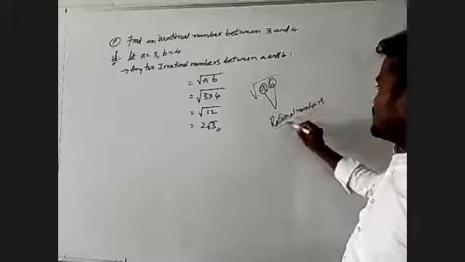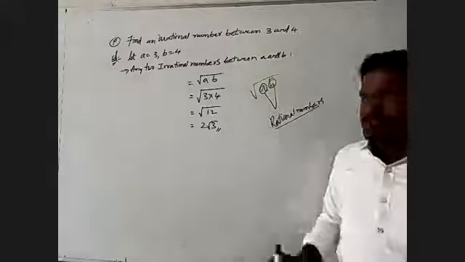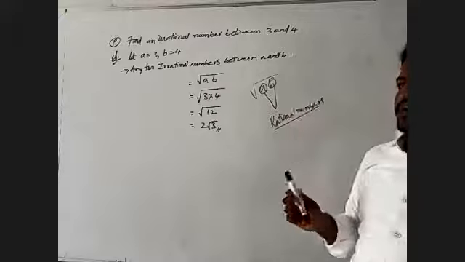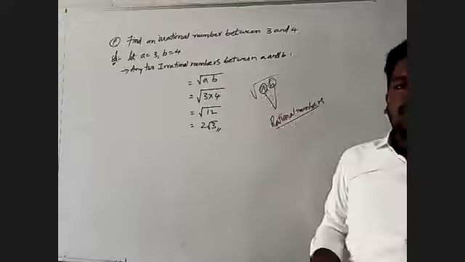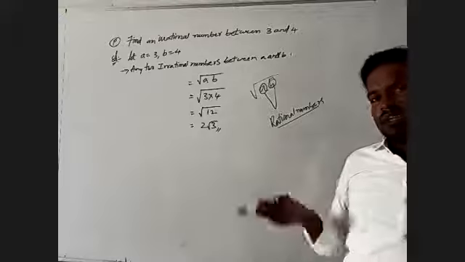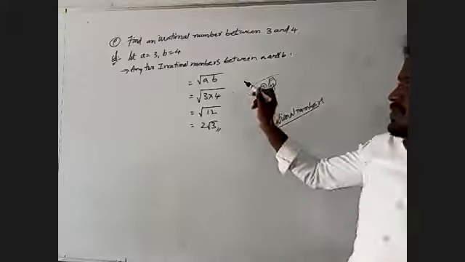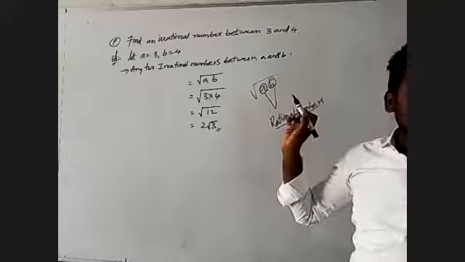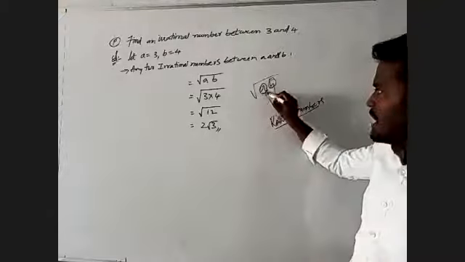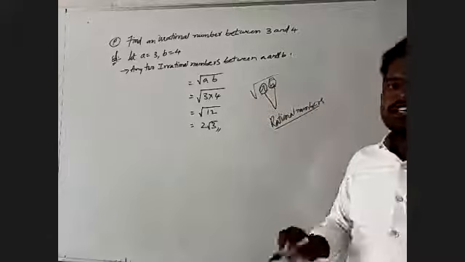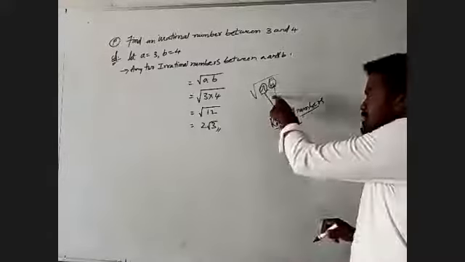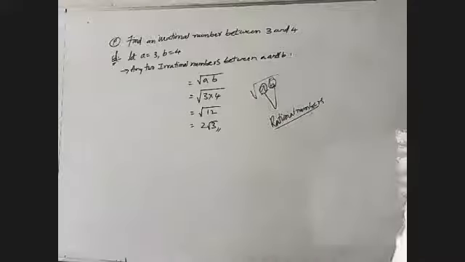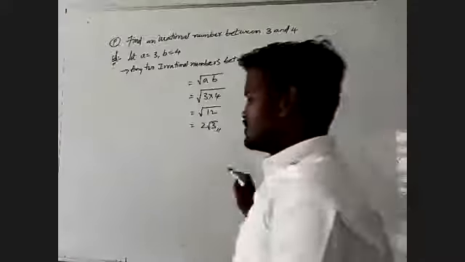Only then can we use the formula root of AB. Otherwise, it cannot be found, and I have to write it the way as in the previous type of problem. I already told that. Where A and B must be rational numbers, I have to take the formula root of AB. This is most important.